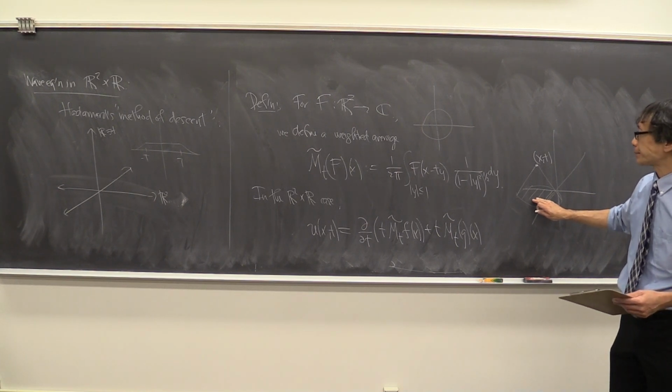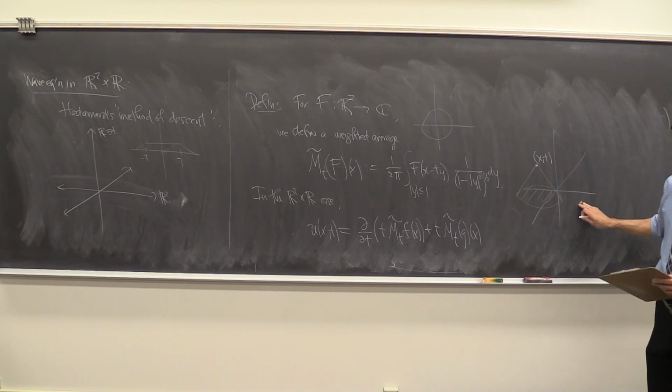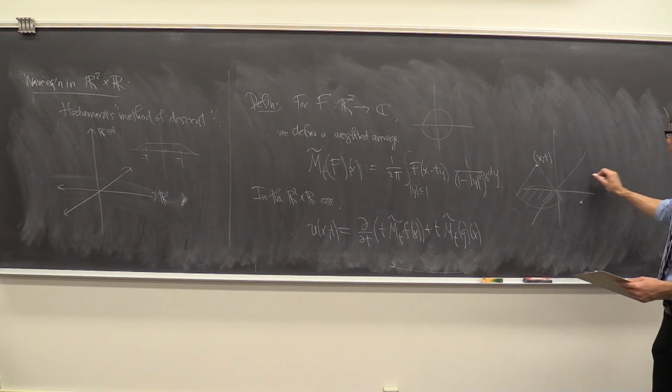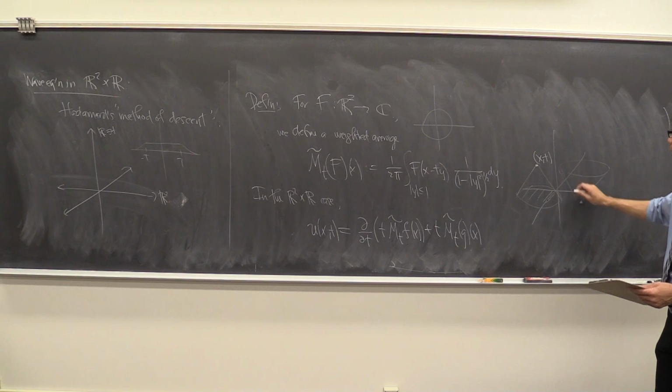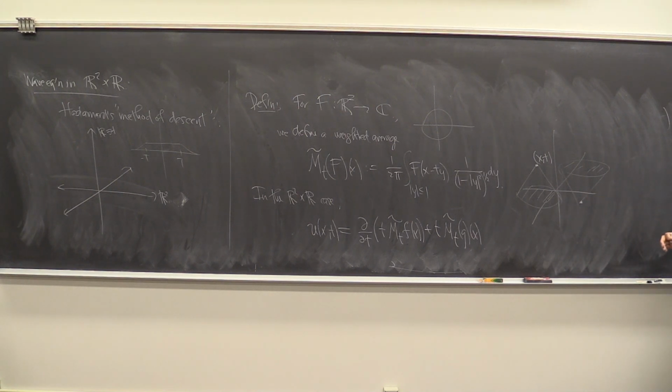Conversely, if you have data at this point, it doesn't just affect the edge here, but it's actually going to affect everything inside. So the behavior in 2 dimensions is very different from that in 3.